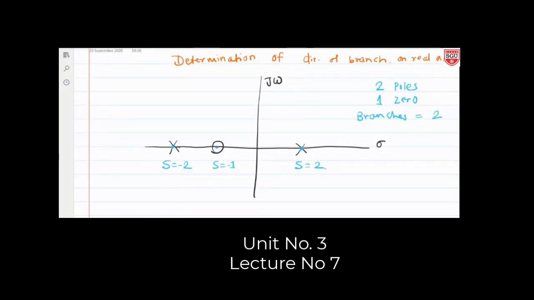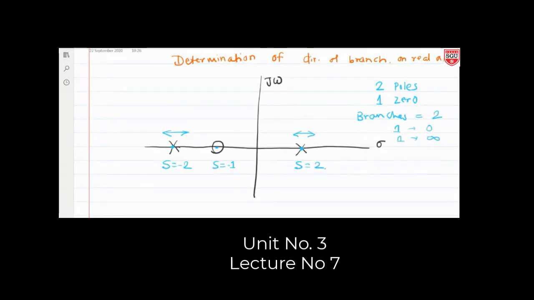From this pole point and from this pole point, branches will start. One branch will end at 0, and one branch will go to infinity. Two branches are there, one will go to 0, one will go to infinity.